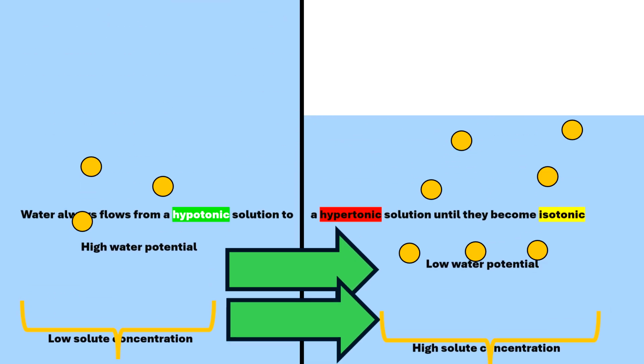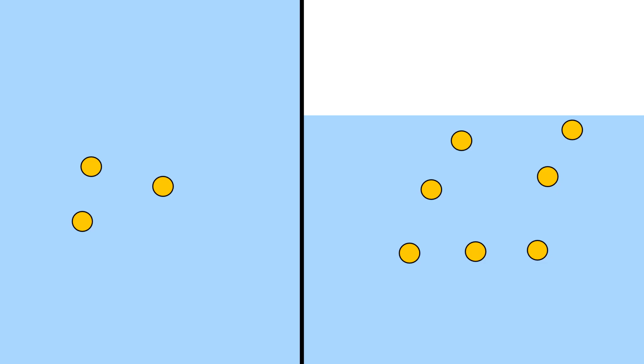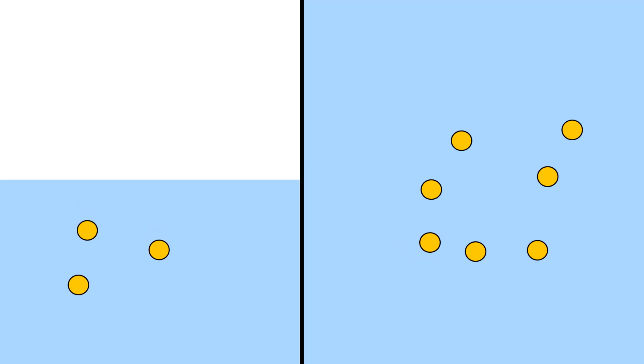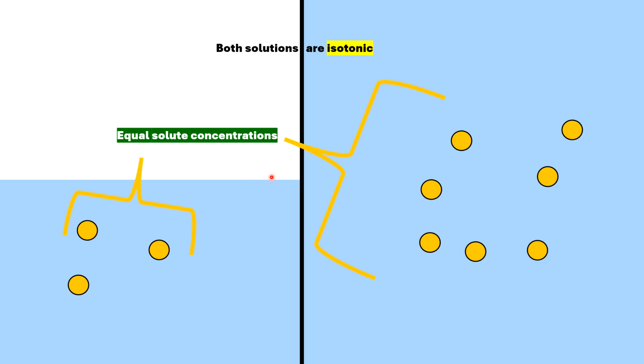Now, I mentioned the term isotonic before. And this is when there's an even amount of solute concentrations, okay? So what does this mean? Well, first understand that solute concentration is how many solutes compared to the water volume.